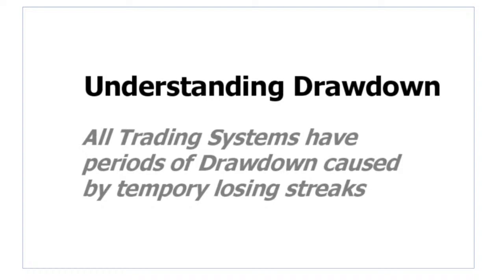There's a big misalignment on that day, and stops get hit, and we can have losing streaks. So you can have multiple days in a row that lose and create the drawdown effect. So the first thing that you got to get through your head is all systems have drawdowns.